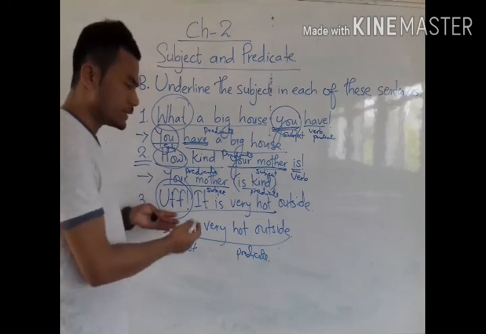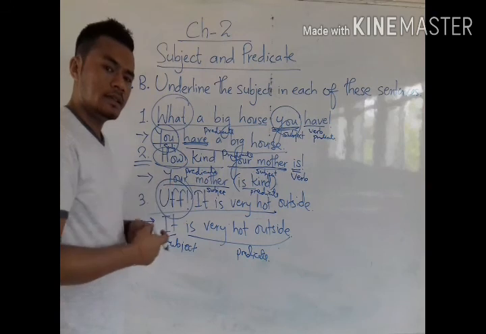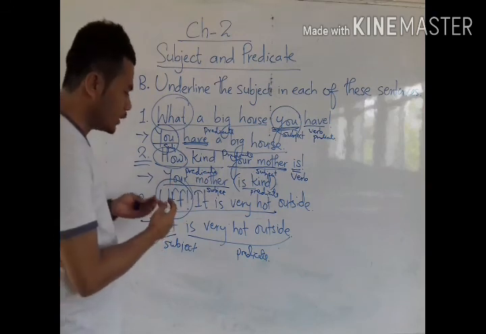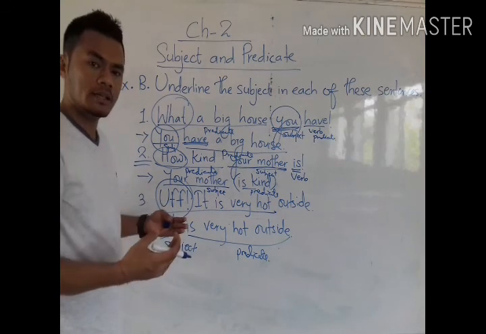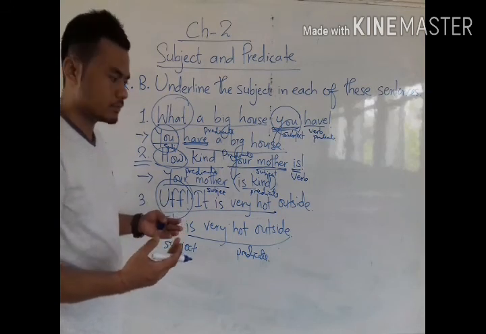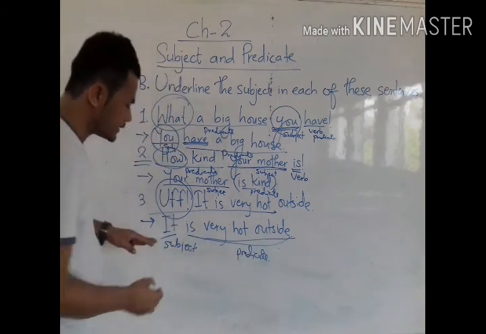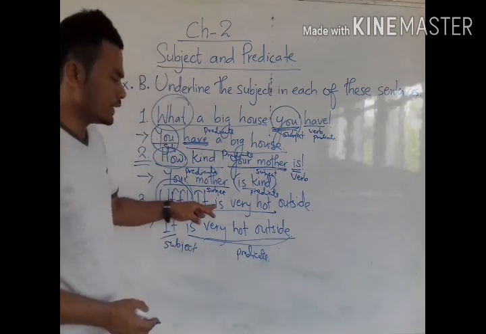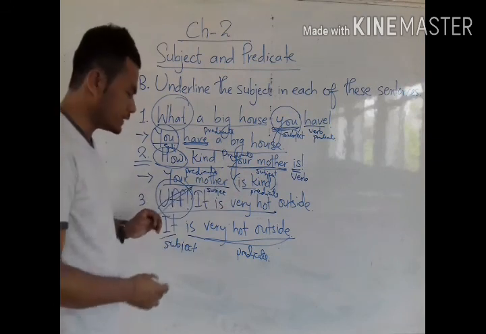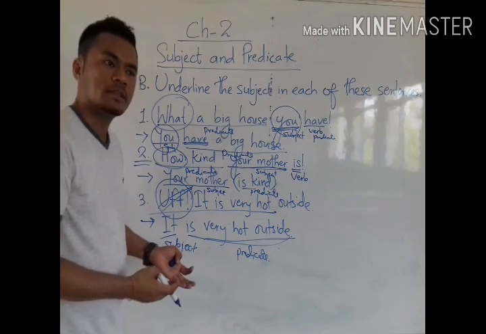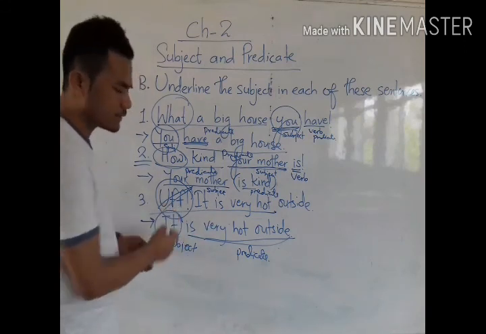After an interjection, we can also write another exclamatory sentence like oof, what a hot day today is. We can write that way also, but here we have written: oof, it is very hot outside. That means you simply remove the interjection and change it into a statement: it is very hot outside. So here also it is the subject.